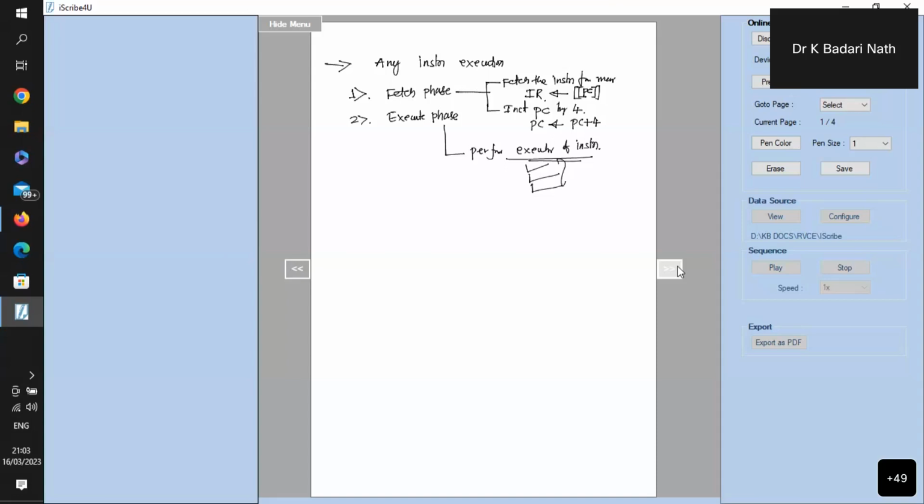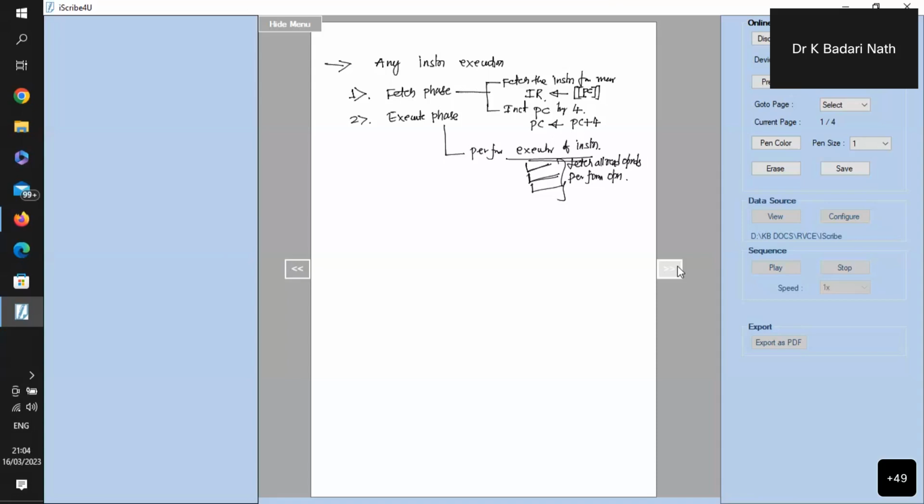So what are the 3 steps required in execution? Fetch all required operands. If the operands are already in the processor, you don't require to fetch, so this is only if required. Then what is the second one? Perform the operation. You have to give the instruction to the ALU based on the instruction you fetched.